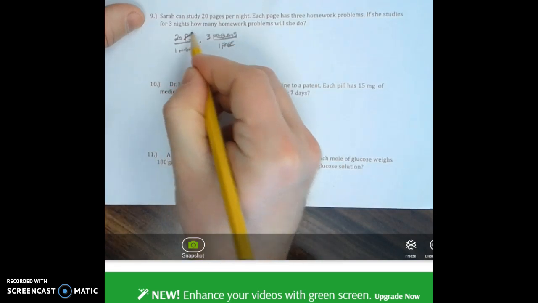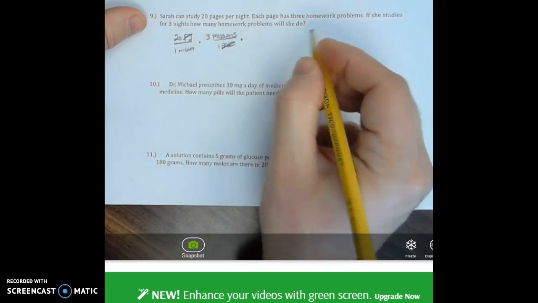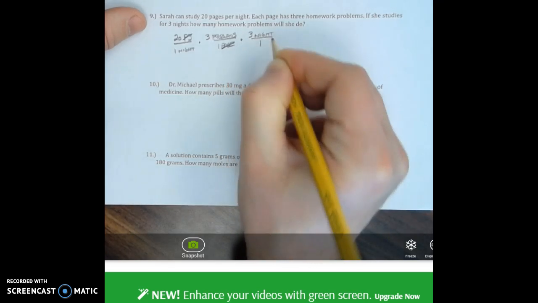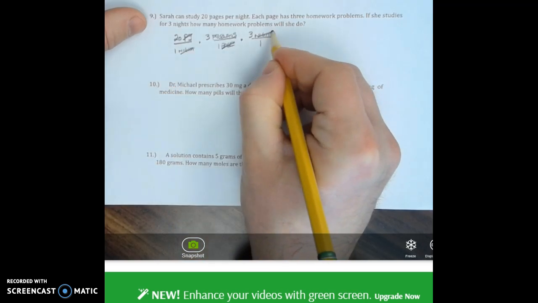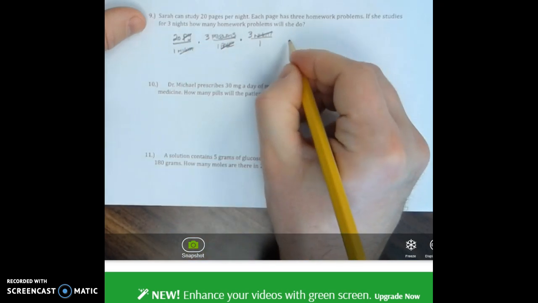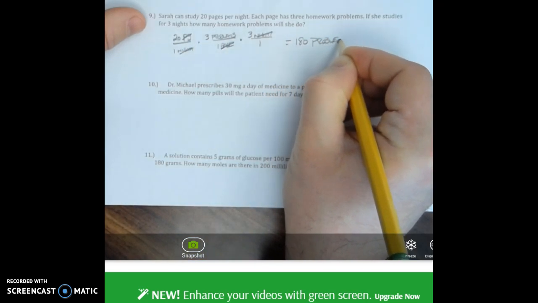And now my pages will simplify with my pages. And then I also am going to multiply that by the number of nights. She's going to work for 3 nights. 3 nights over 1. My nights simplify with the nights, so I'm left with my number of problems. So all I have to do is 20 times 3 times 3, which gives me 180 problems.